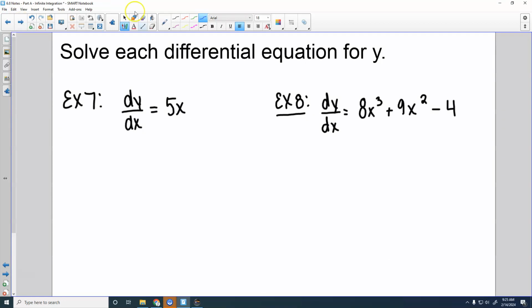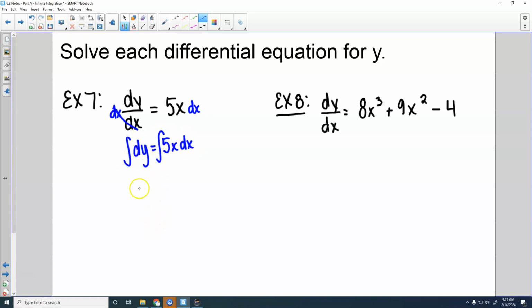Okay, so some of the questions that you're going to get on your homework are going to ask you to solve a differential equation. This is like I was just showing you on that notation earlier. Technically what you're doing is you're multiplying both sides by dx, which gives you dy equals 5x dx. And then you're integrating both sides.